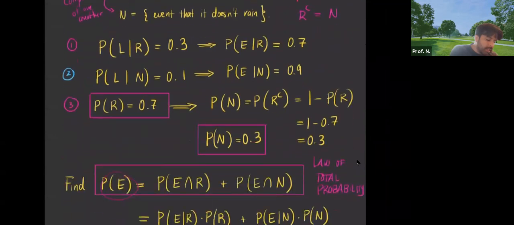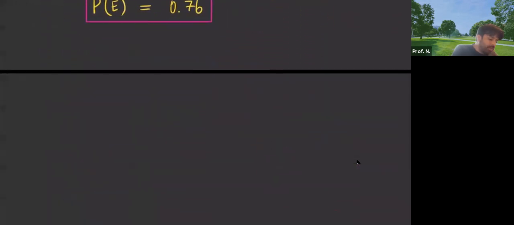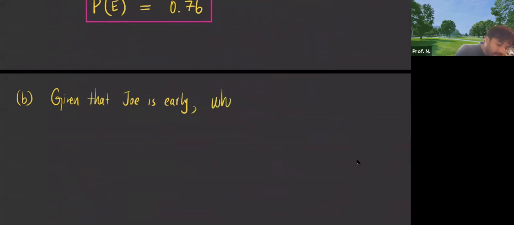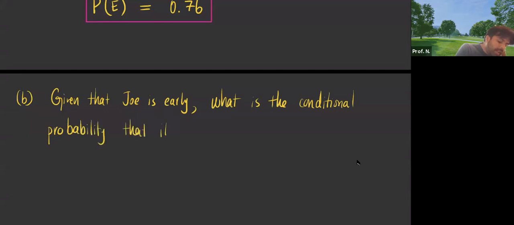Now the next problem associated with this one: given that Joe is early, find a probability. What is the conditional probability that it rained?